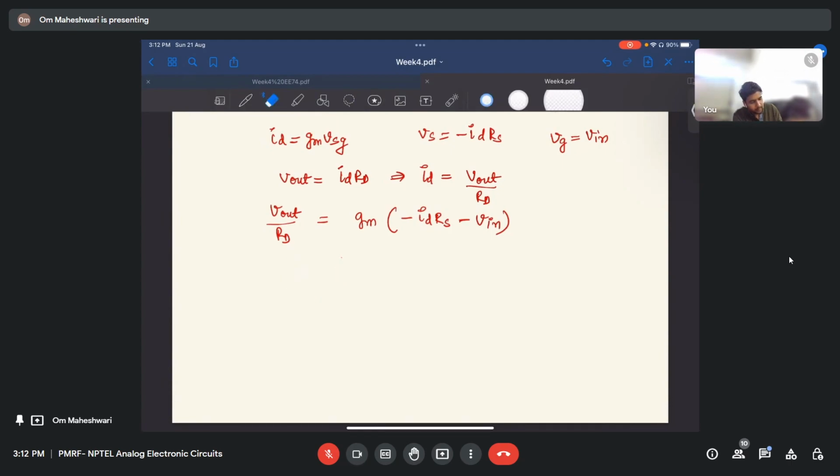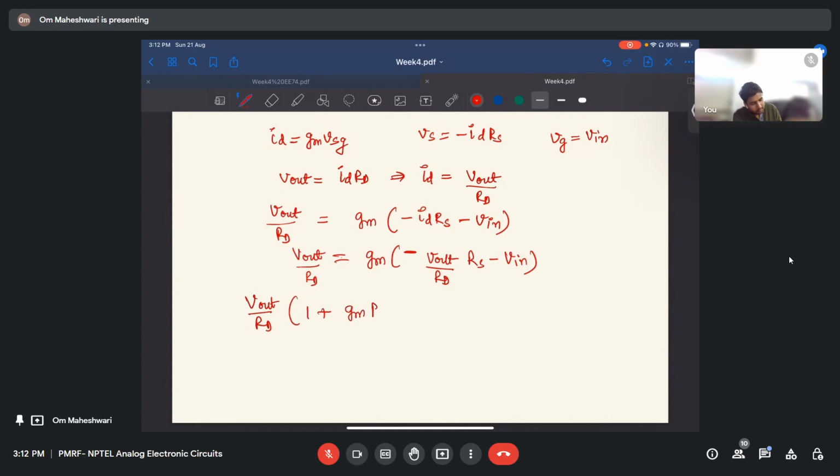I'll replace ID here also: V out by RD equals Gm times (minus Rs times V out by RD minus V in). Now I'll take V out by RD common on this side: 1 plus Gm Rs equals minus Gm V in.